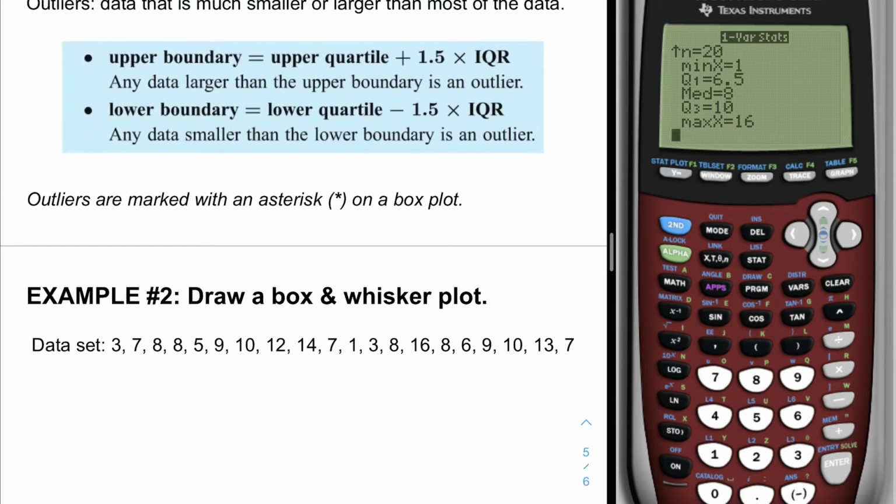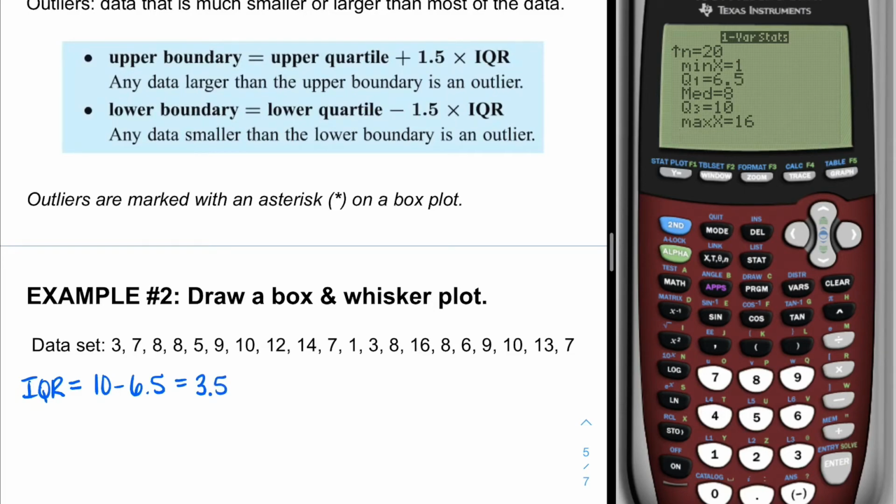What I need to do first is identify my IQR. My IQR is the upper quartile minus the lower quartile. We looked at that last lesson. So we're going to have 10 minus 6.5, which is equal to 3.5.